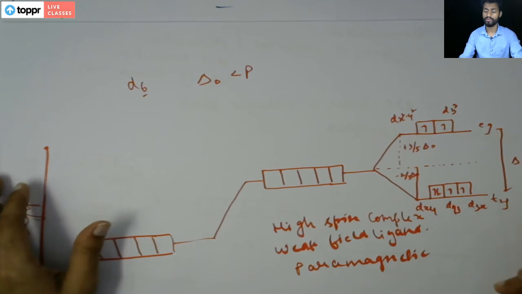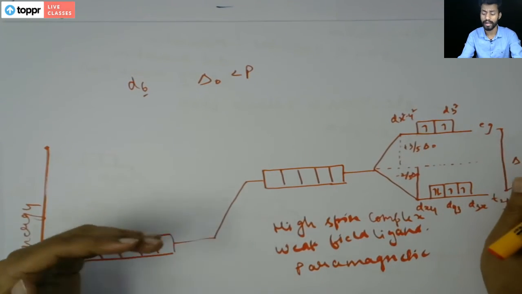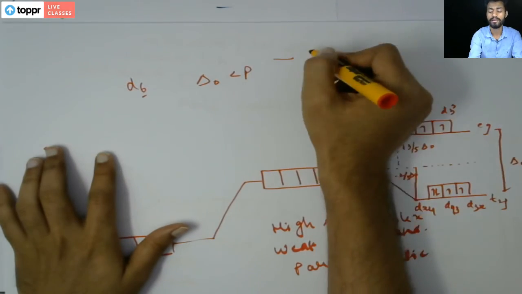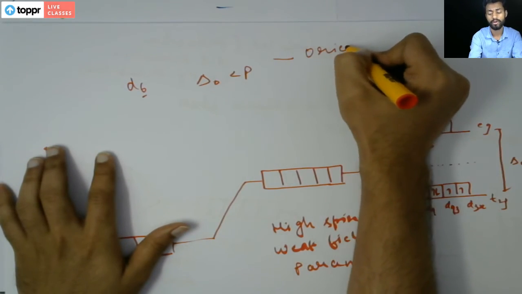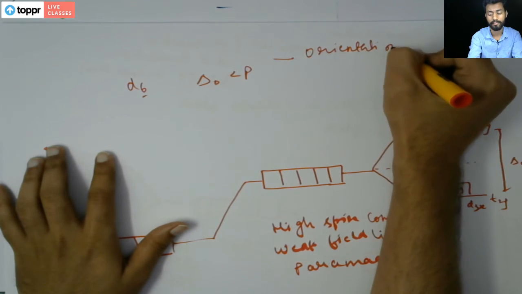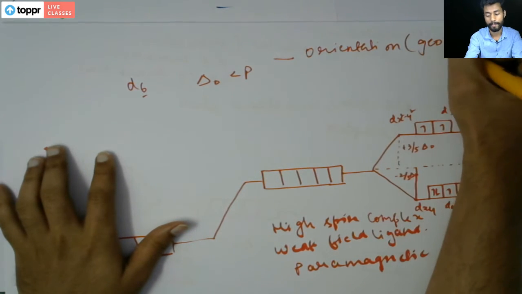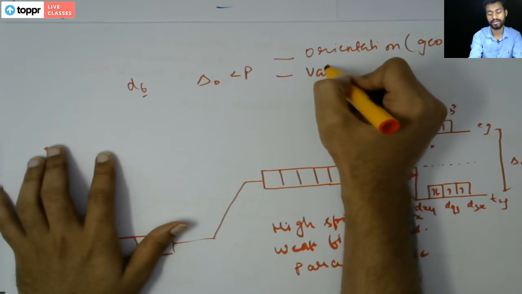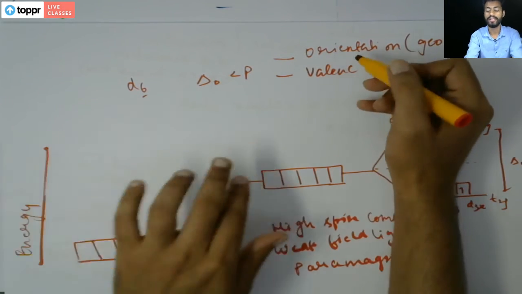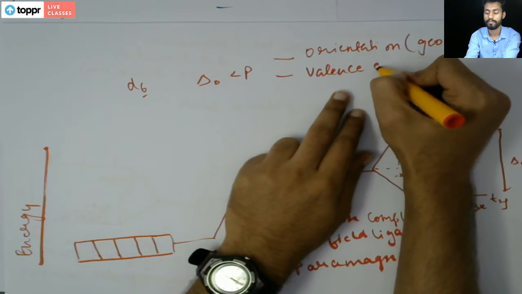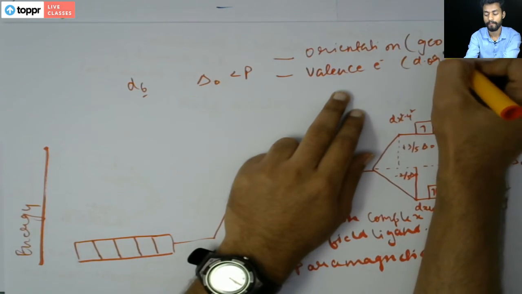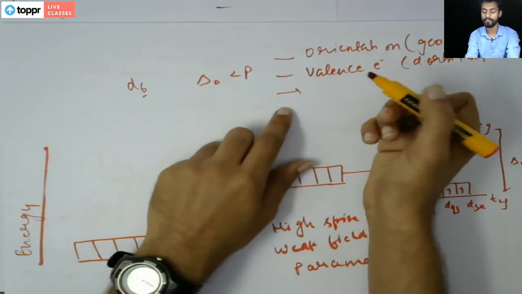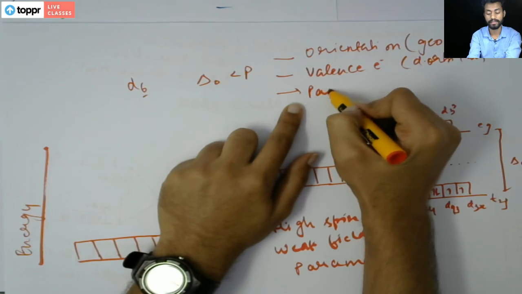Cool. Okay, so we have now considered three factors till now on which this crystal field splitting energy depends. The three factors are orientation or geometry, next was valence electrons or d orbital electrons, next was pairing energy.